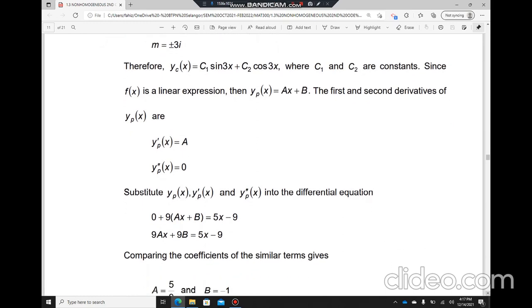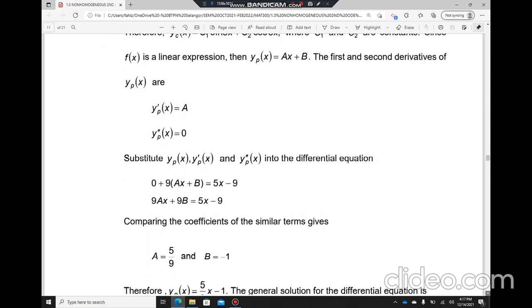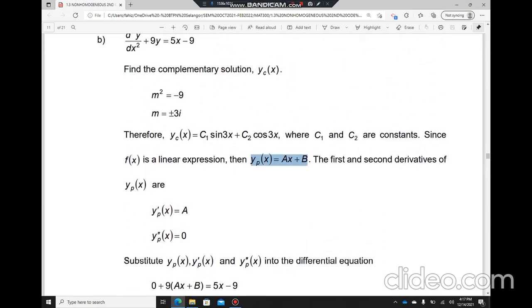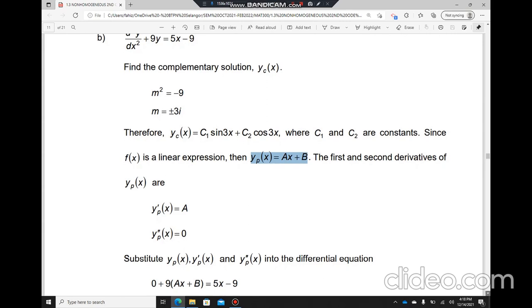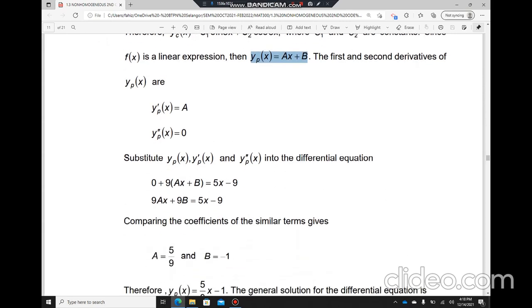And then kita tengok function fx adalah linear, so kita ambil ax plus b. Kalau kita compare, tak ada yang sama dengan YC. YC bentuk function trigo, sin and cos, and then YP just a linear kan. So tak ada masalah. So cari Y prime P, Y double prime P. So it is this one, differentiate ax plus b dapat A, differentiate A dapat 0.